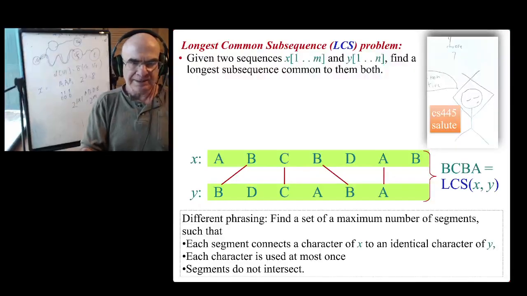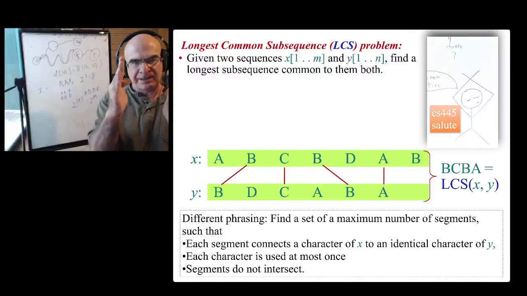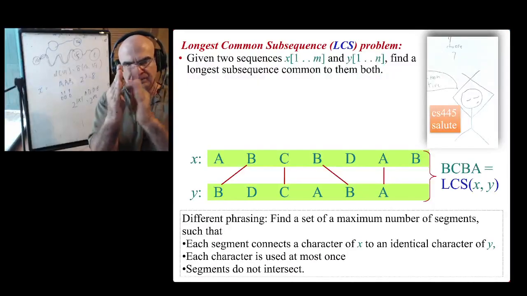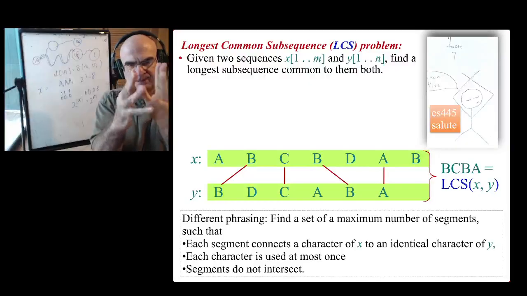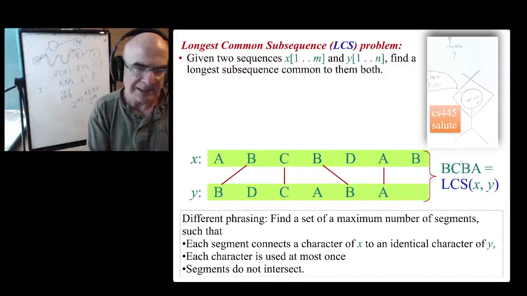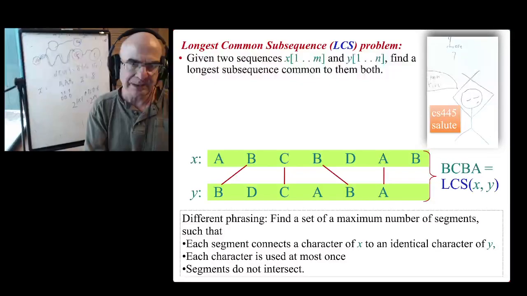And you want to ask, what is the commonality of both these sequences? Or you can ask, is sequence X more similar to Y compared to the similarity between X and Z? And the LCS will say the longer it is, the more similar they are.